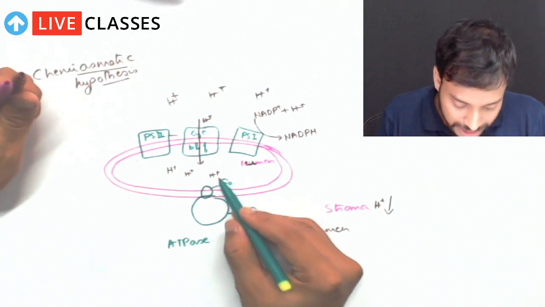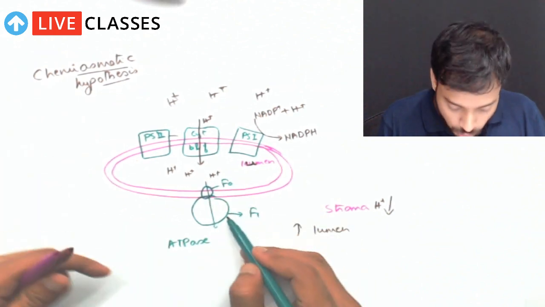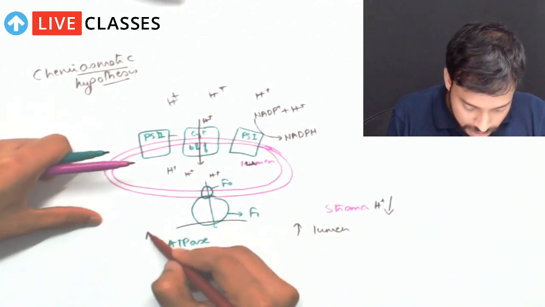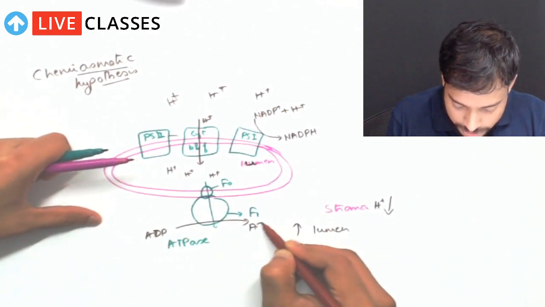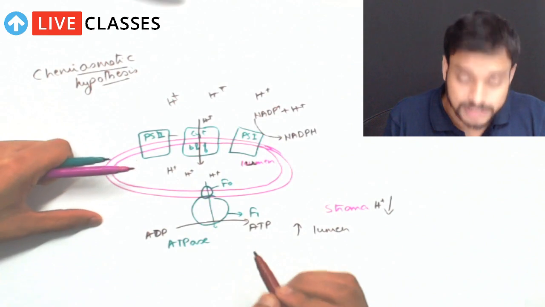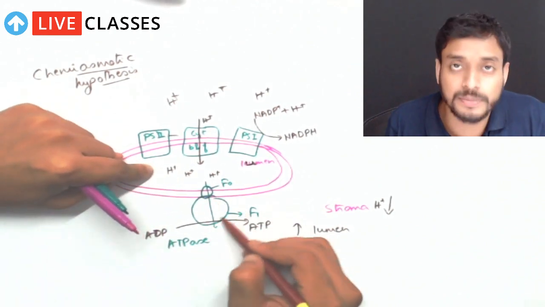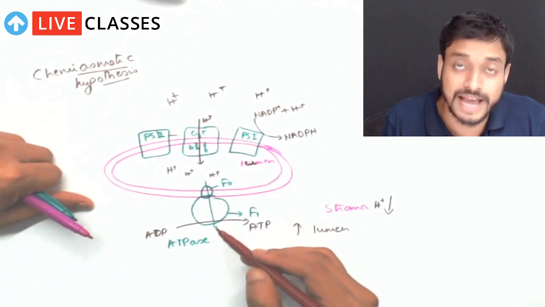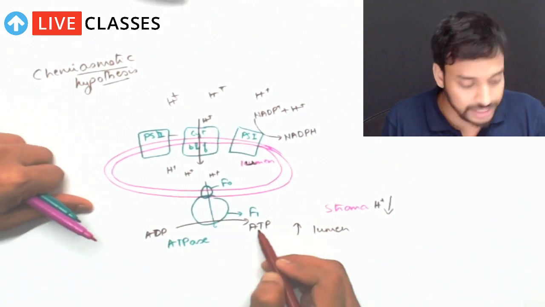It transports these hydrogen ions through, and when it transports, it produces enough energy for this F1 to function, in which ATP is formed, ADP to ATP, correct? So you understand, this proton gradient is required so that this ATPase starts functioning, in which the F0 pumps H plus, and because of this, enough energy is generated for the ATPase system to produce ATP.